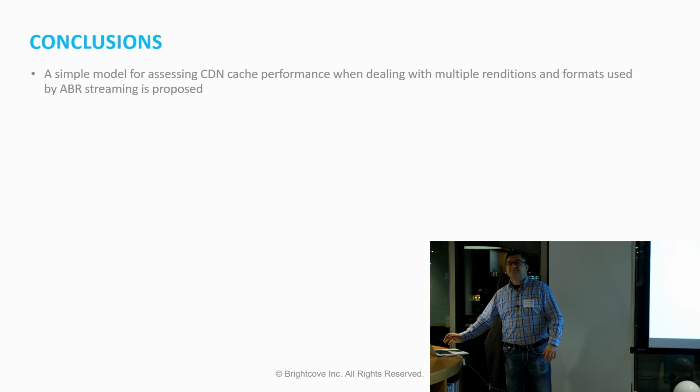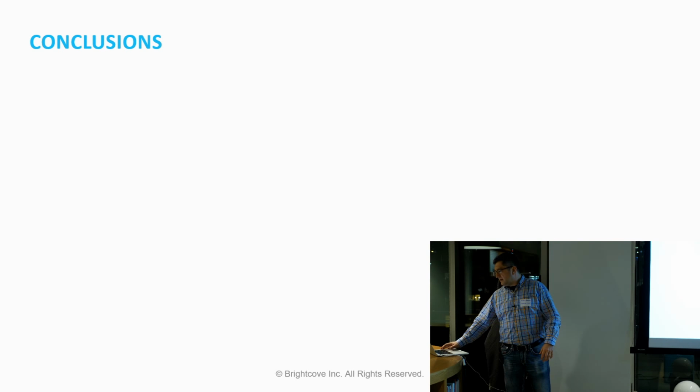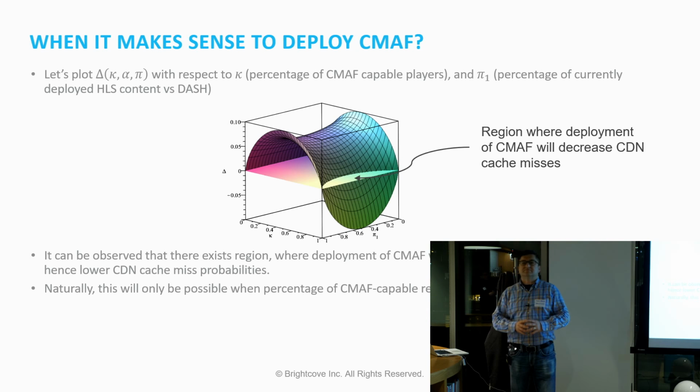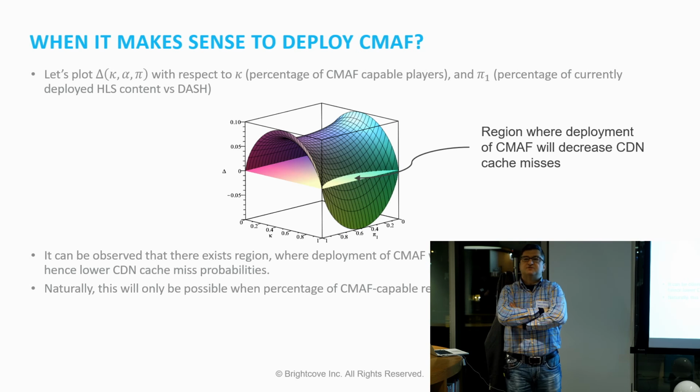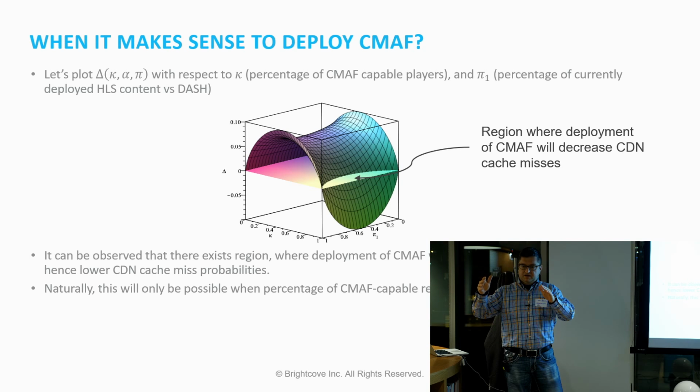So, Yuri, sorry to interrupt. If you go back, with kappa calculated to be 0.84, is the interpretation that 84% of devices should be CMAF capable for it to have the same cache miss probability as you have now with two formats?